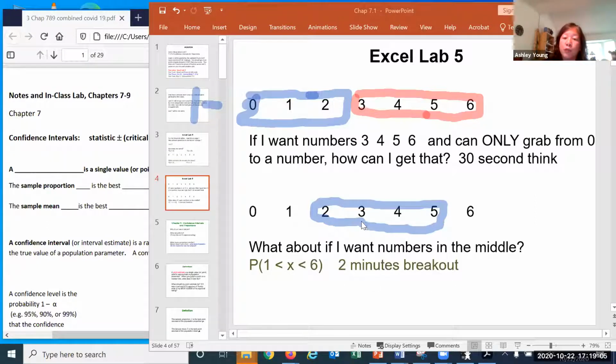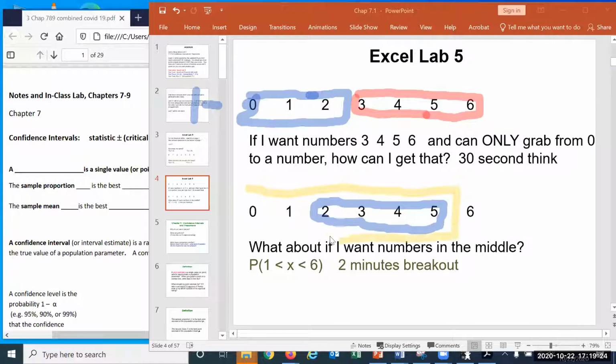Did anybody find a solution for this? Was anybody able to figure that out? It's kind of a neat puzzle. I figured it out. I think you would find the probabilities up to 5, and then you would find all the probabilities up to 1. So basically just 0 and 1.